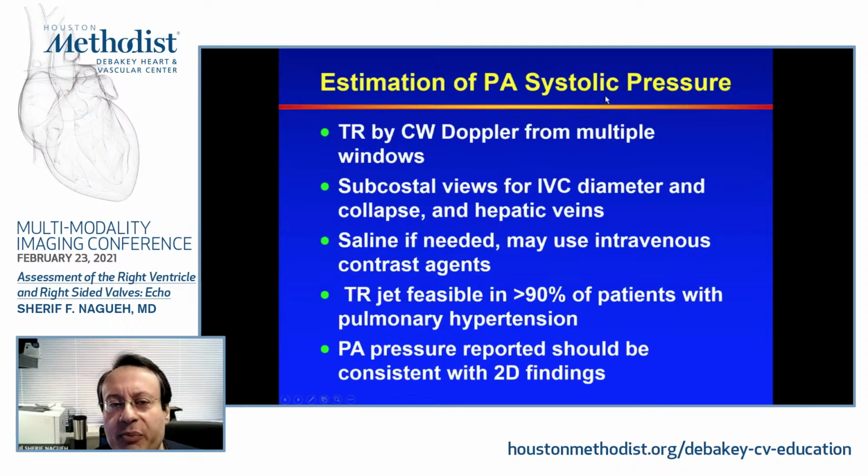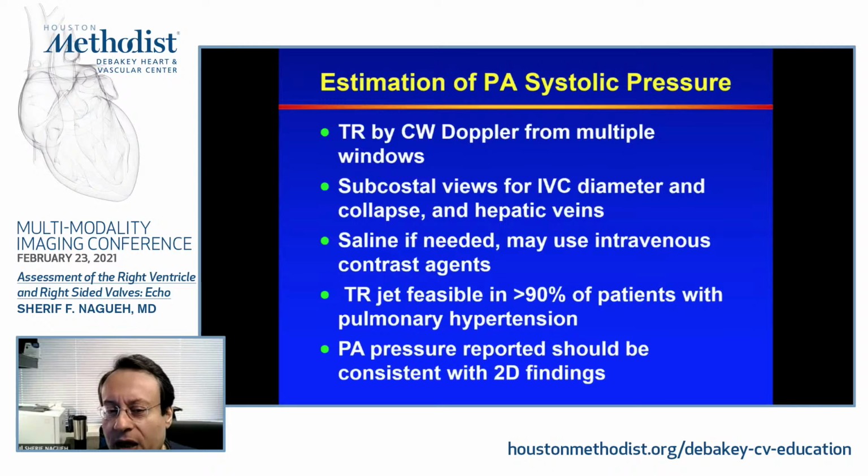How do we estimate PA systolic pressure? We get tricuspid regurgitation by continuous wave Doppler from multiple windows. We rely on estimates of right atrial pressure, and I will cover that shortly. If you have an incomplete jet and you have a patient referred with a diagnosis of pulmonary hypertension and the physician wants the PA pressure, we have to inject agitated saline to estimate PA systolic.